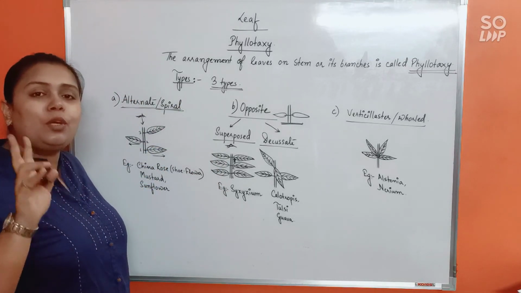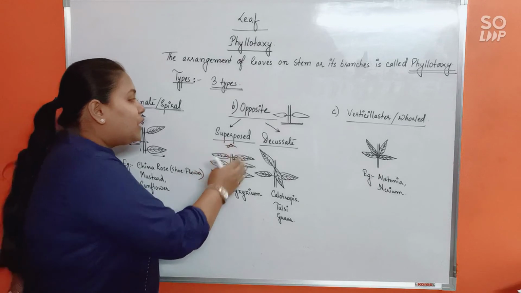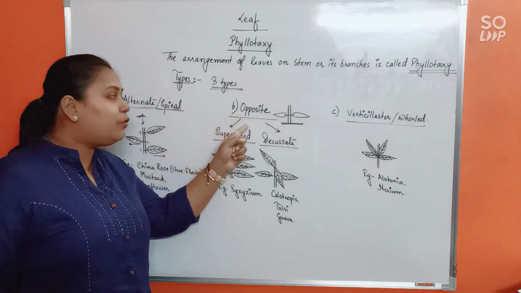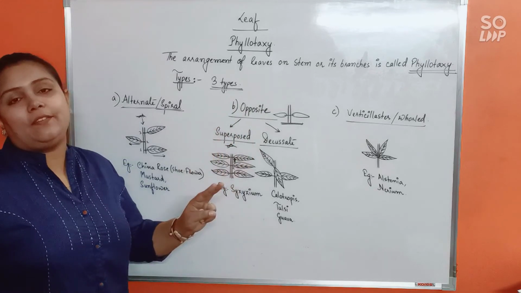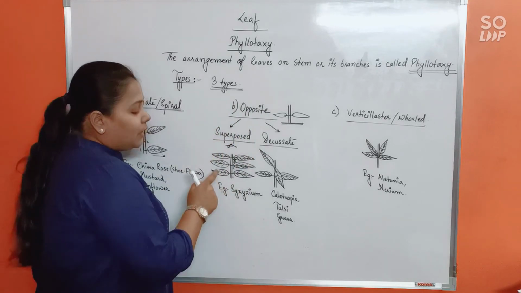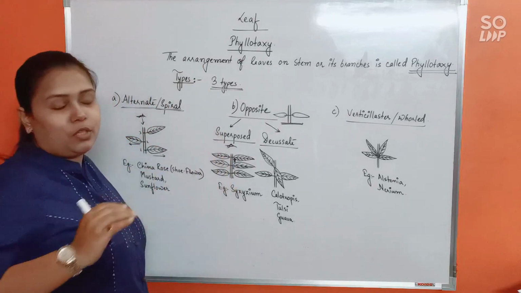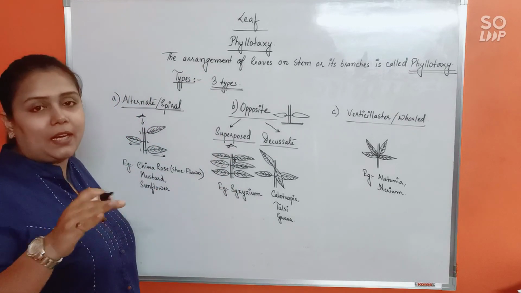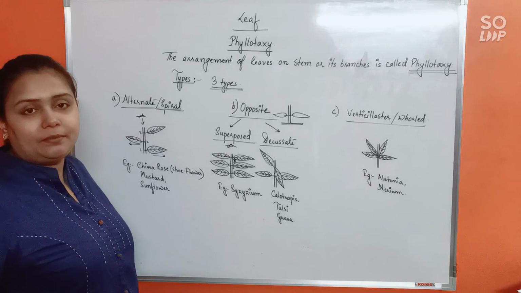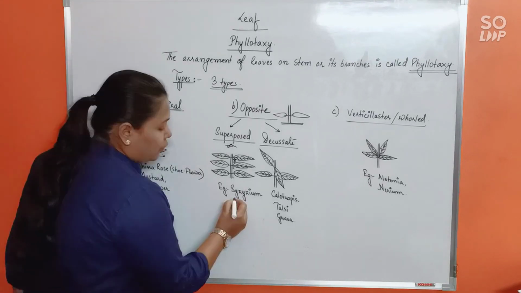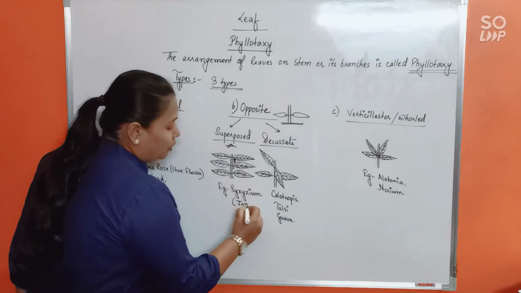Okay, giving rise to only two rows of leaves. So that's why we call it opposite and superposed. Opposite, why? Because there are two leaves arising from a single node, and leaves arising from adjacent nodes will be superimposing on one another and will remain parallel to one another in the same plane. Alright? Fine. Example is commonly known as jamun.